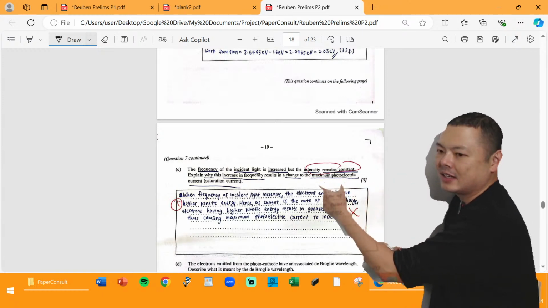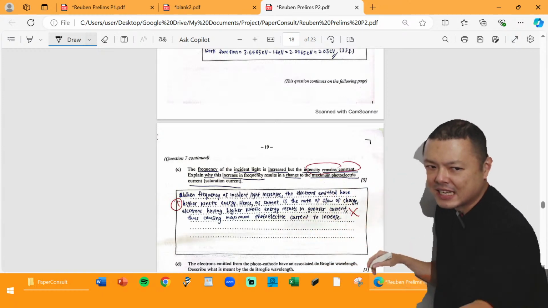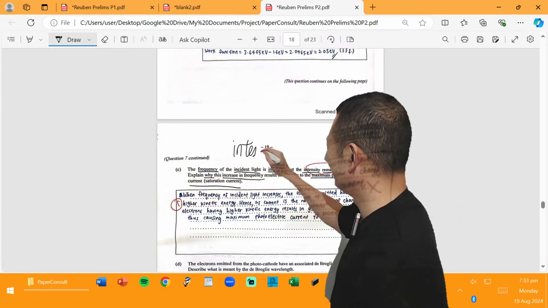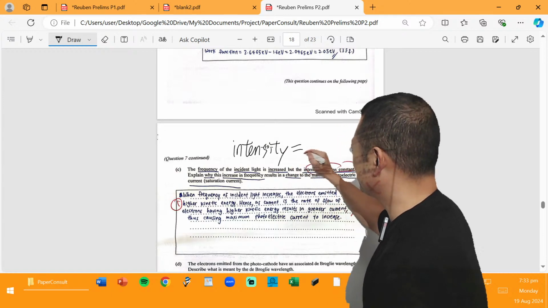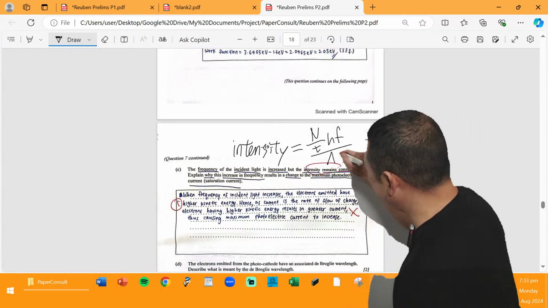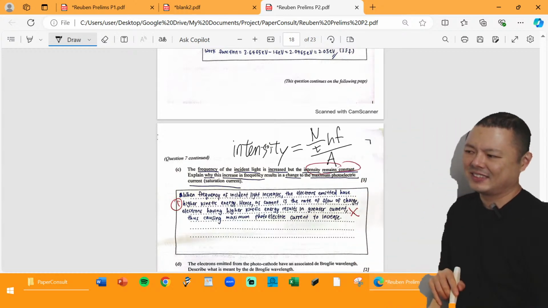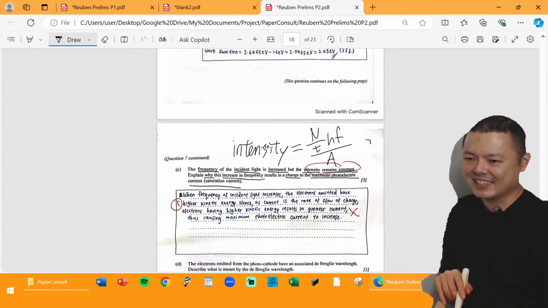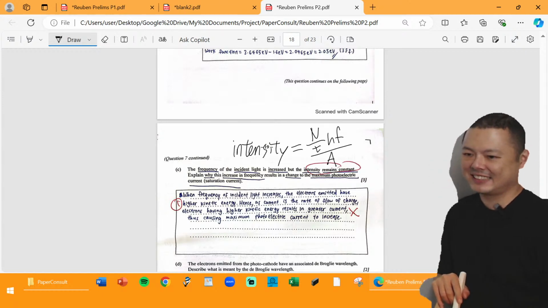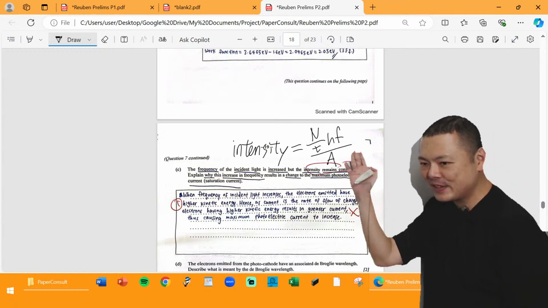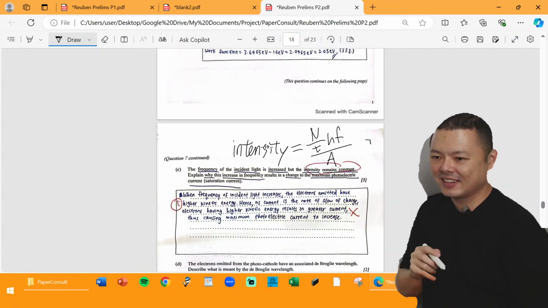So, intensity, quantum. Please remember this equation. Intensity equals N over T times hf over A. Remember this equation? N over T times hf over A. What is N over T?